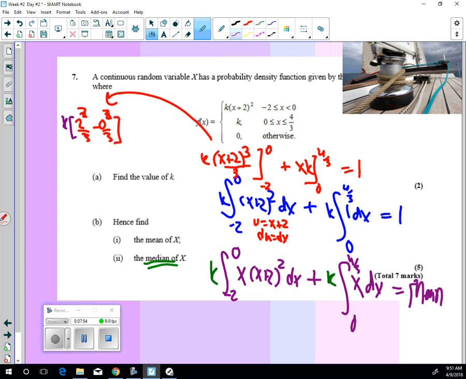And then it's going to be plus k times 4/3 minus 0. That should be equal to 1.